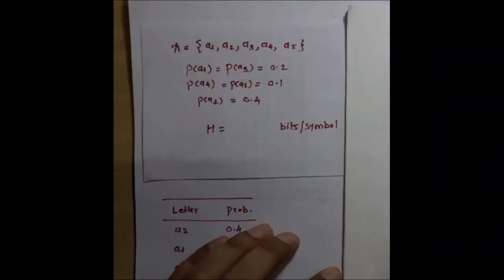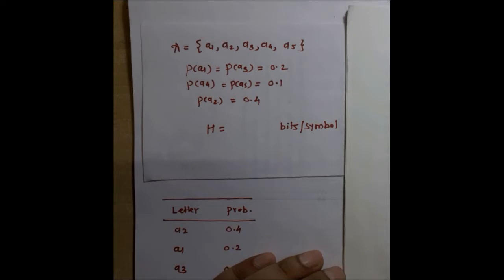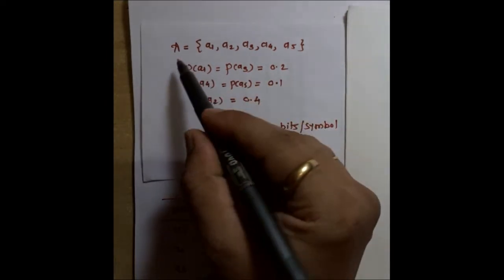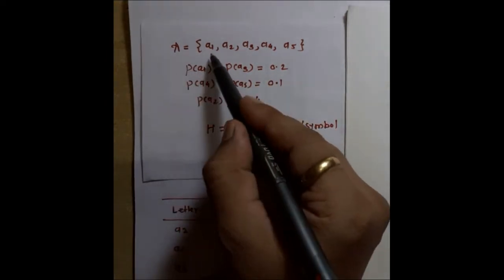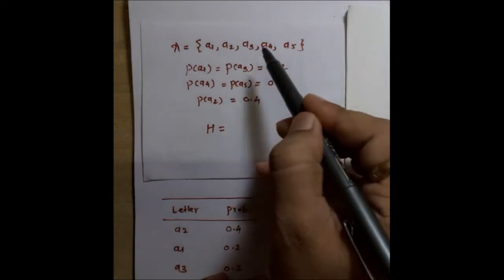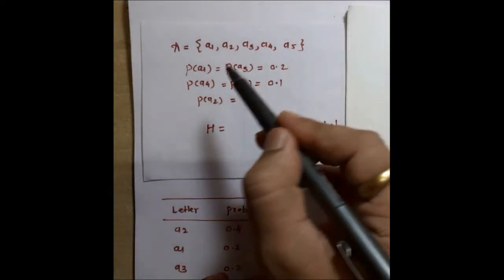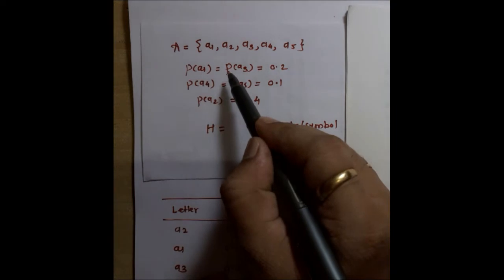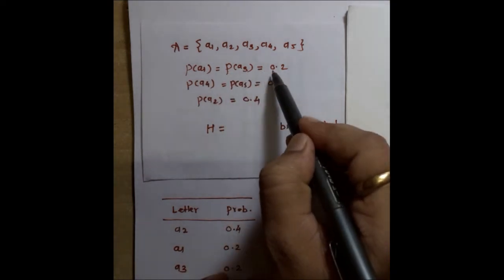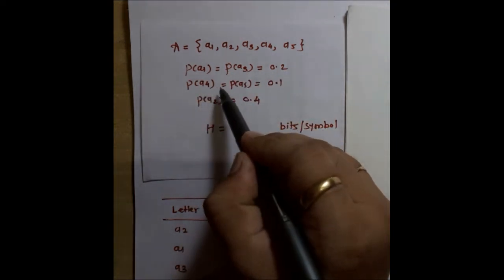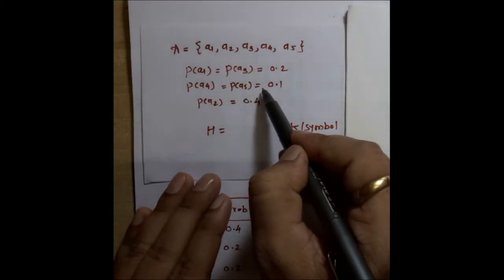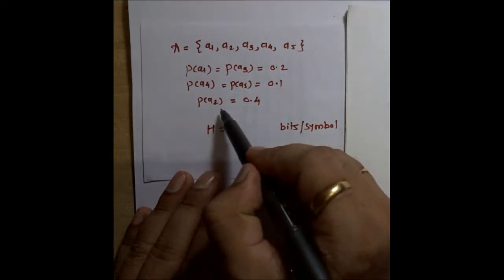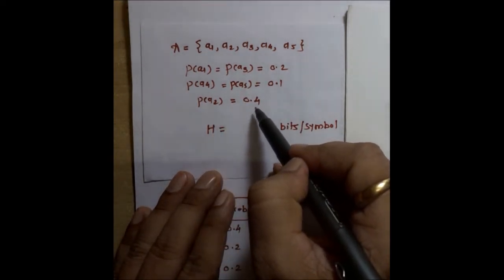In this video, we'll take one example of Huffman coding and see how to solve it. Let us have one alphabet A equal to A1, A2, A3, A4 and A5 with probabilities P of A1 equal to P of A3 equal to 0.2, P of A4 equal to P of A5 equal to 0.1, and P of A2 equal to 0.4.